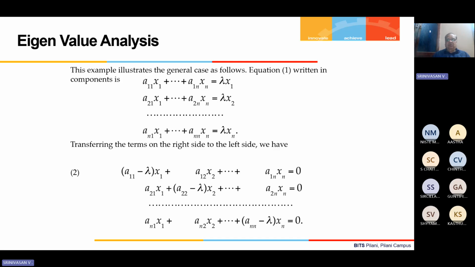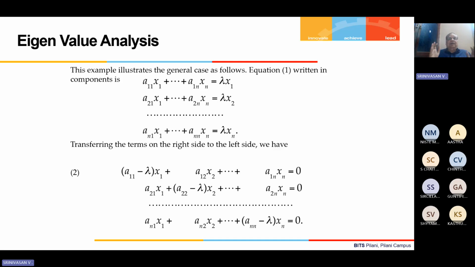Is it not? You cannot subtract a scalar from a matrix. You can do a scalar multiplication, you can multiply lambda with every component of a vector, but you cannot add or subtract a scalar to each of the components of a vector, isn't it?